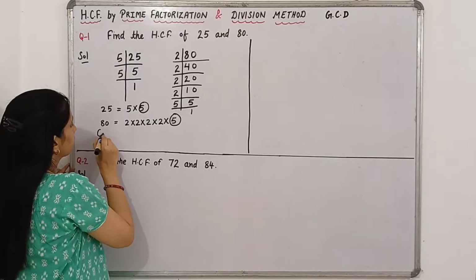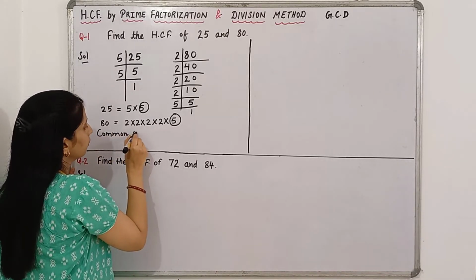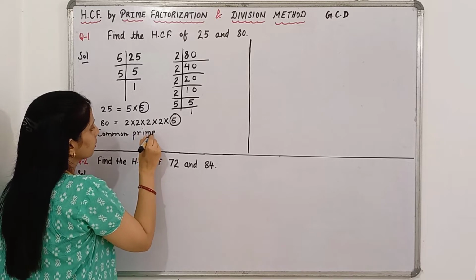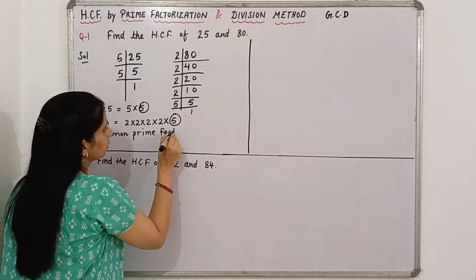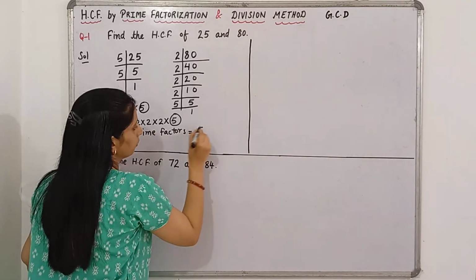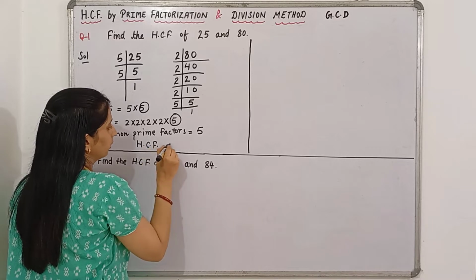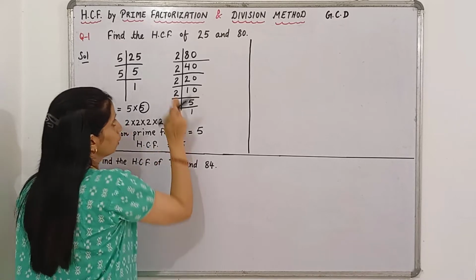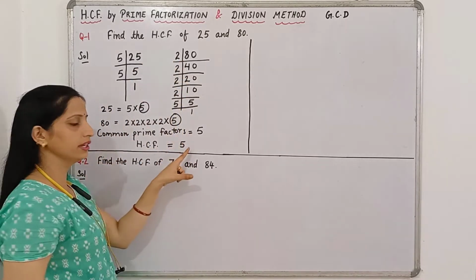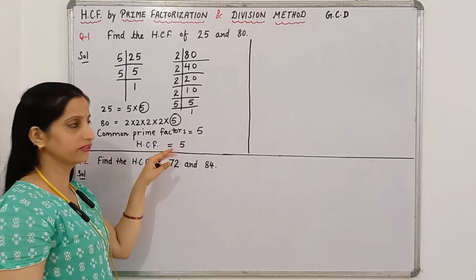So the common prime factors are here only 1, it is 5. So HCF will be 5 only. HCF of 25 and 80 will be 5, because here we have only one common factor, that is 5.